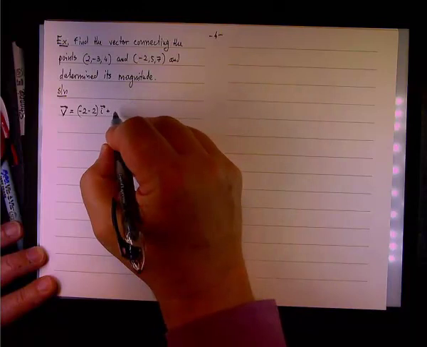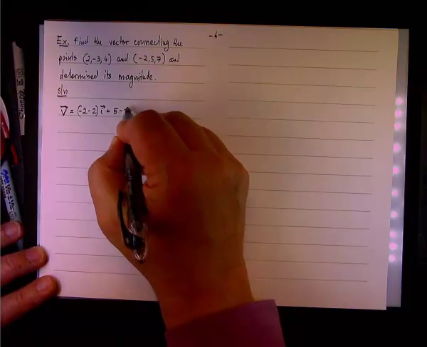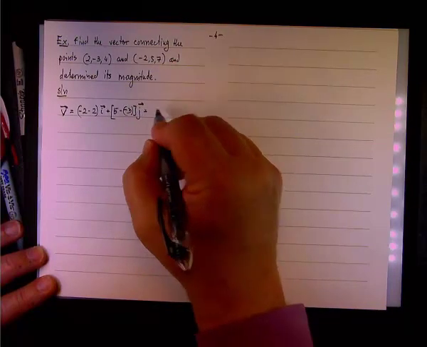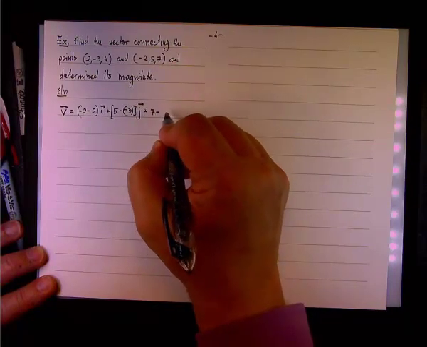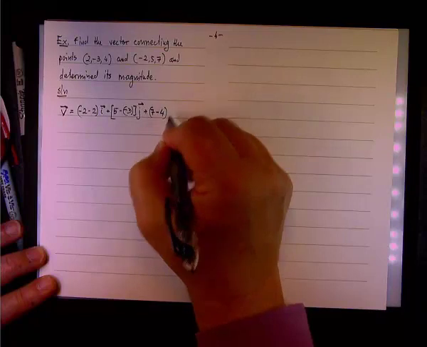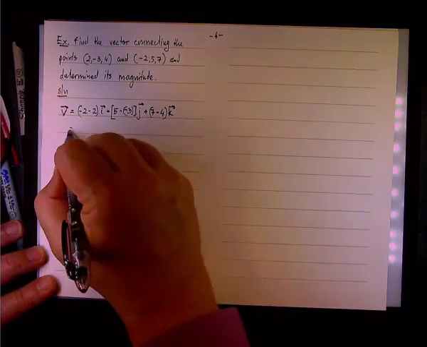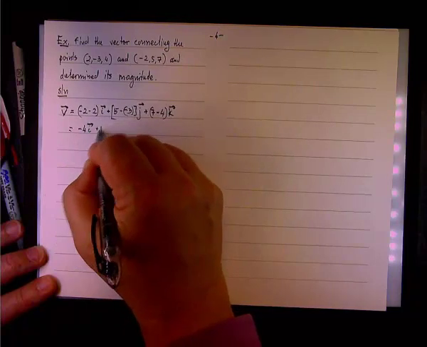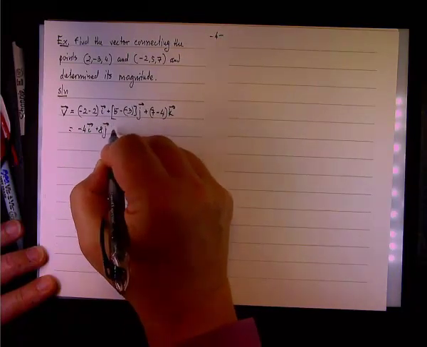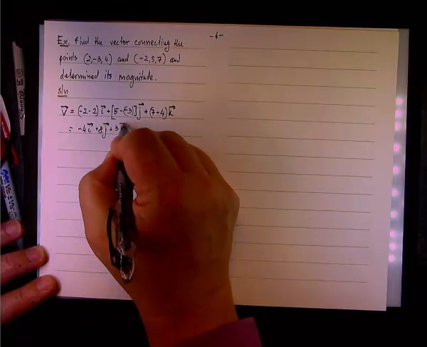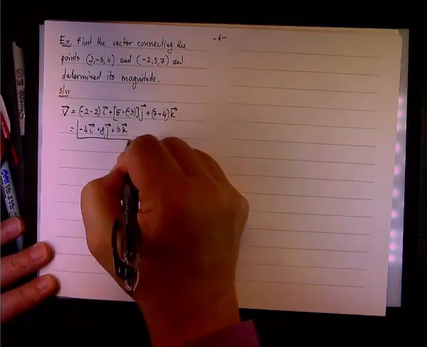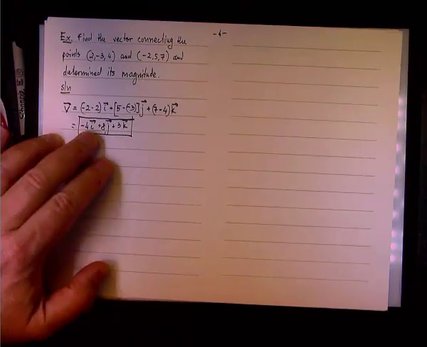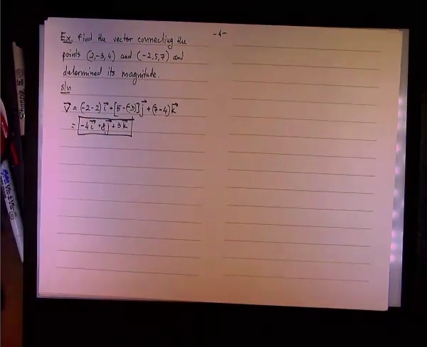So we have negative 2 minus 2 times i, and then plus, we have 5 minus negative 3 times j, plus 7 minus 4 k, and bring it home. So we have negative 4i plus 8j plus 3k. That's our vector.